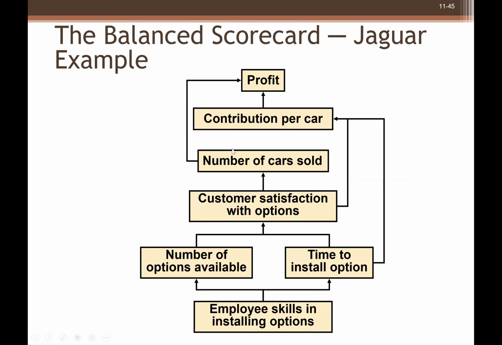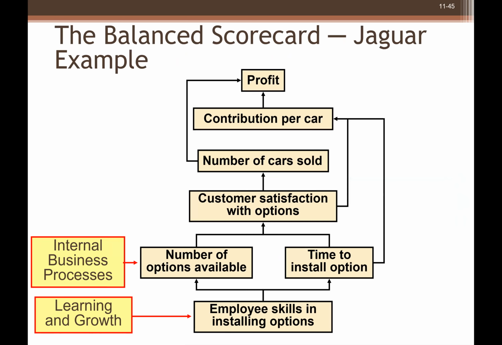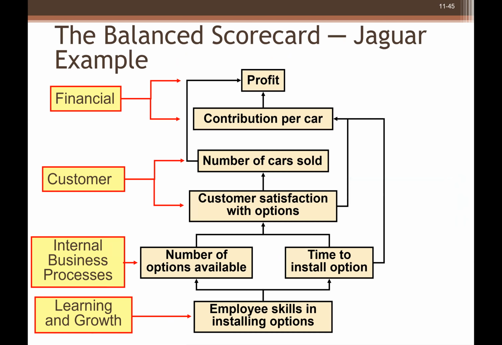So that's all from our today's lecture. I have just one example left that explains how a balanced scorecard can fit here in Jaguar. So you see here, if you have a better skilled person, that affects your learning and growth, right?